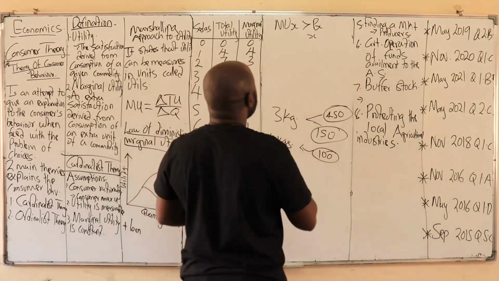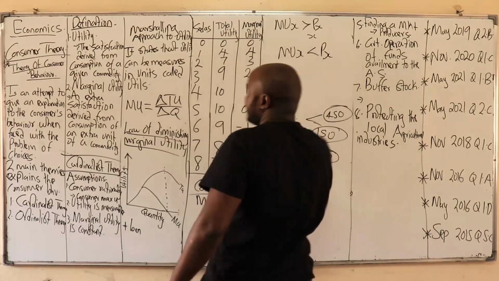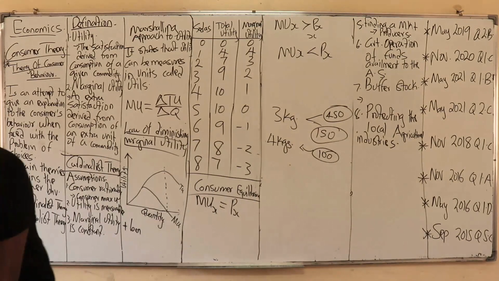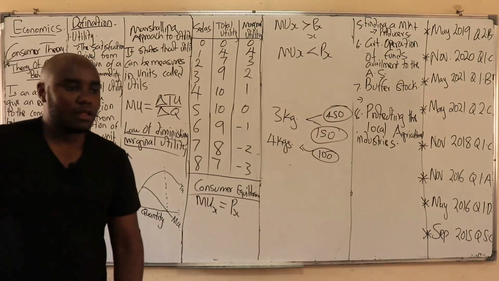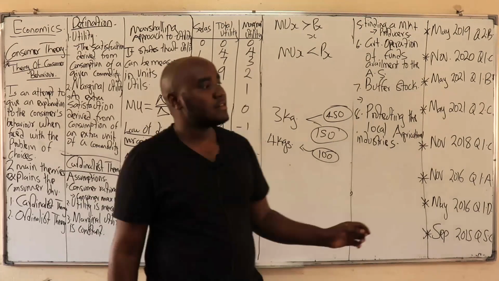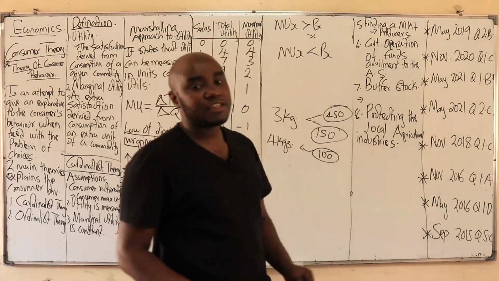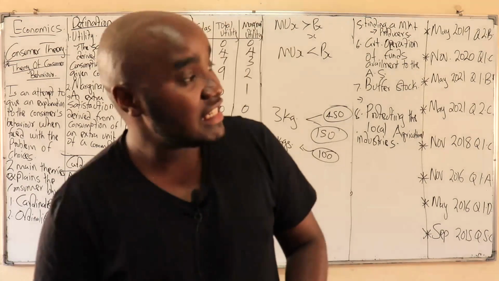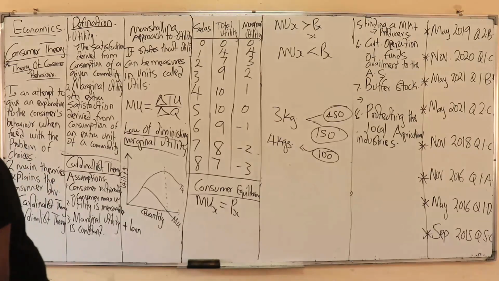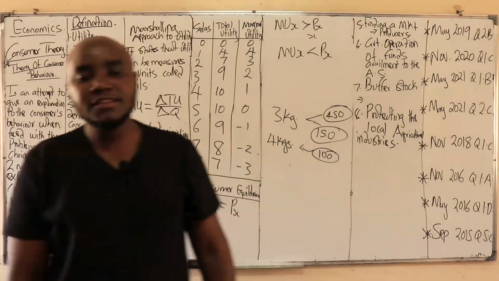is when the marginal utility of X is less than the price, then the consumer will increase his utility or satisfaction by reducing or cutting down the quantity of good X, keeping more of his income.